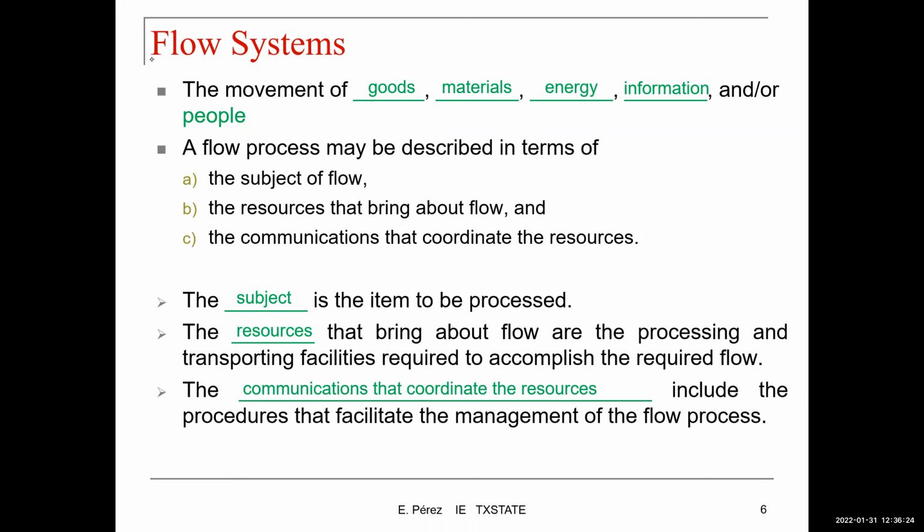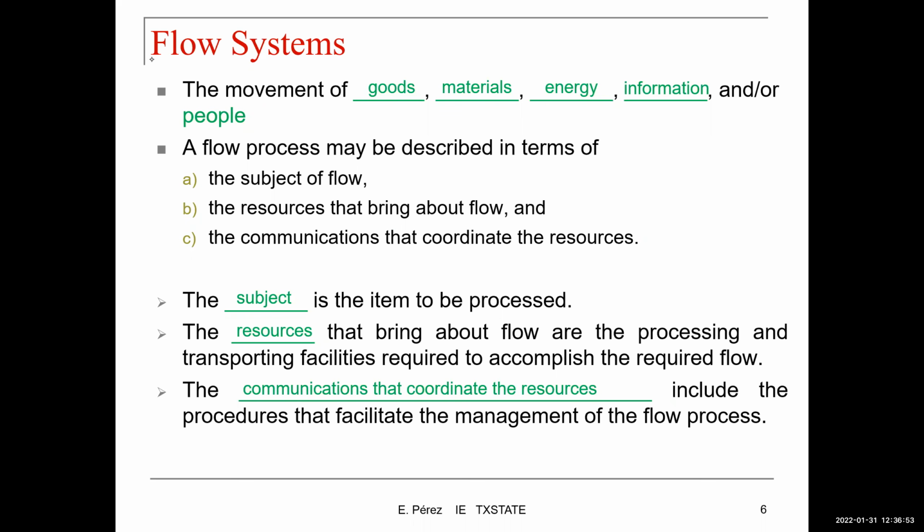A flow process might be described in terms of the subject of flow, the resources that bring that flow, and the communications that are needed to coordinate the resources that are needed to make those flows happen. Okay, so the subject is the item to be processed. The resources that bring about flow are the processing and transporting facilities required to accomplish the required flow.